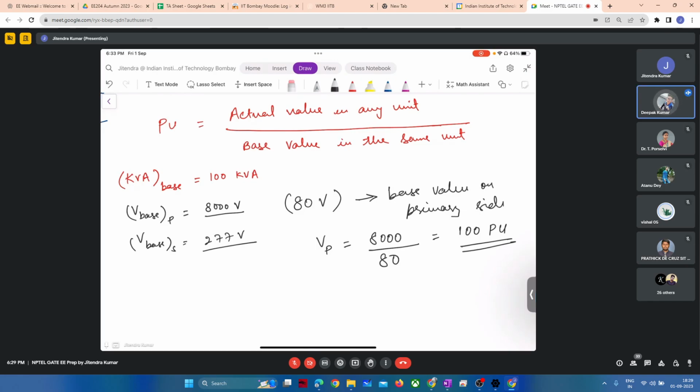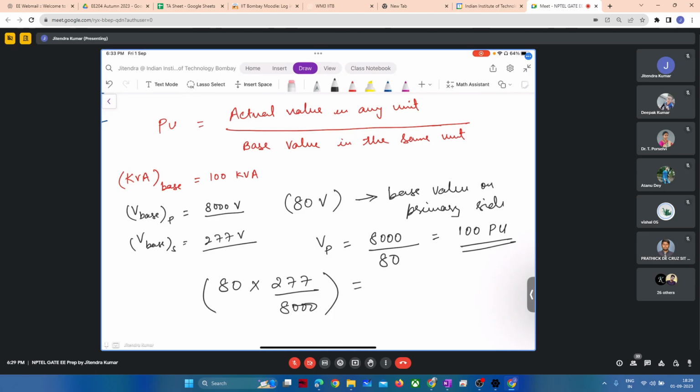Then the secondary side. What will be the base value on the secondary side? Let us talk in this way: 80 into 277 divided by 8,000.